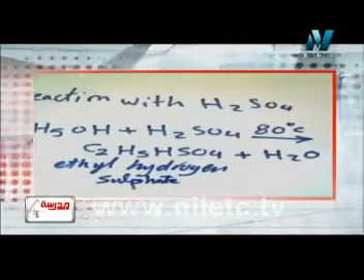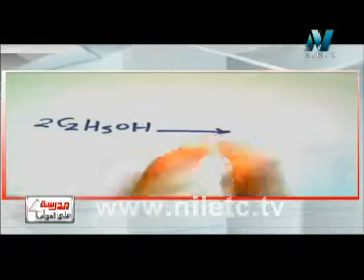But what about the reaction between ethyl alcohol and sulfuric acid at 140 degrees Celsius? Two moles of ethanol, C2H5OH, with sulfuric acid as a dehydrating agent.